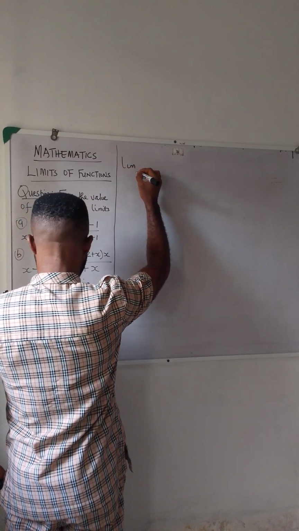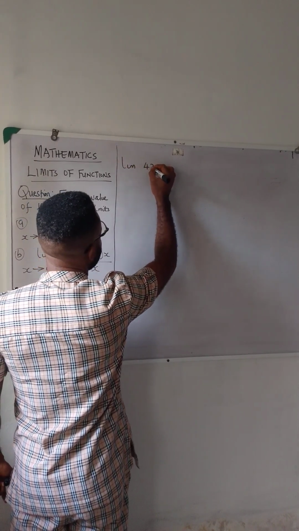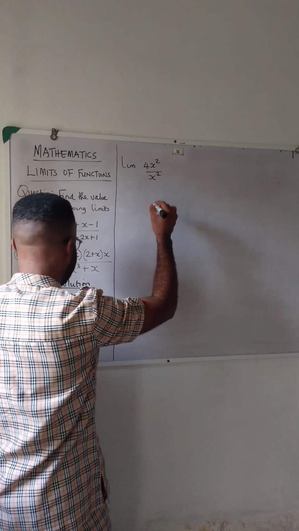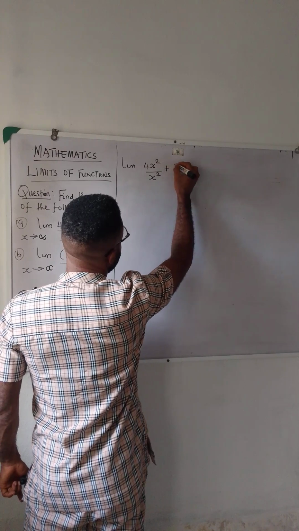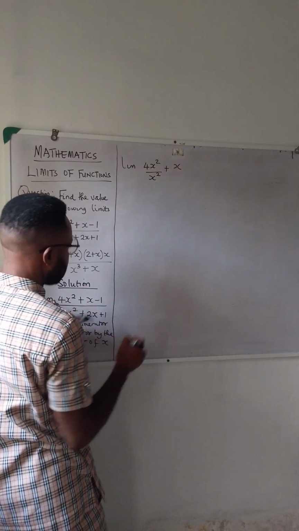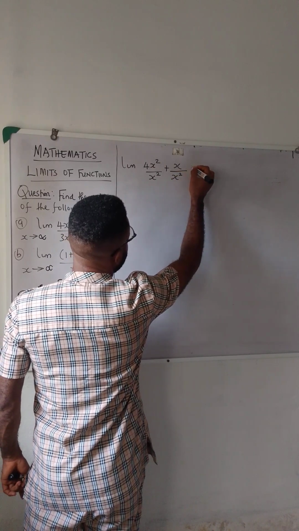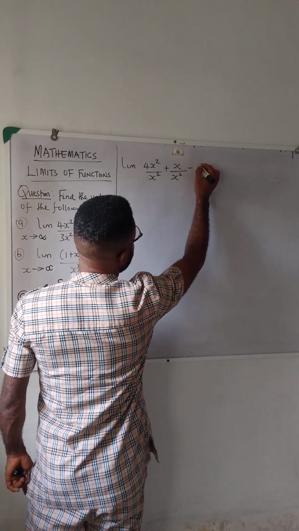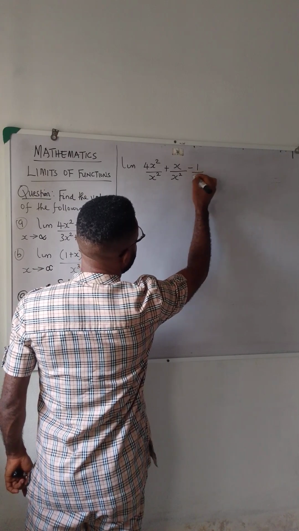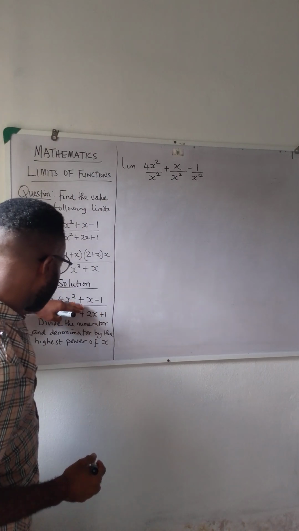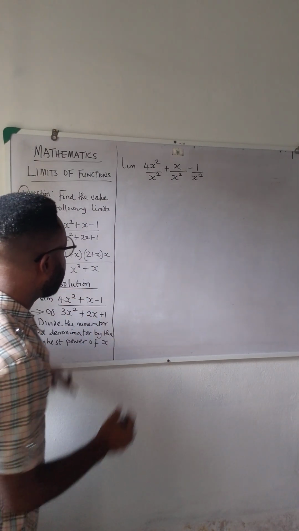the limit of 4x squared divided by x squared, plus x divided by x squared, minus 1 over x squared. So we are done with dividing by the highest power of x for the numerator.